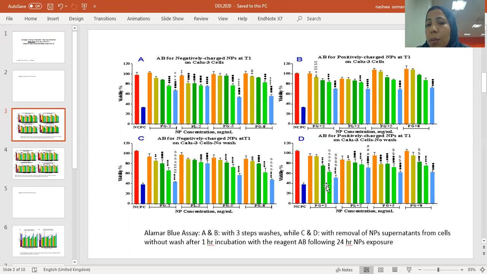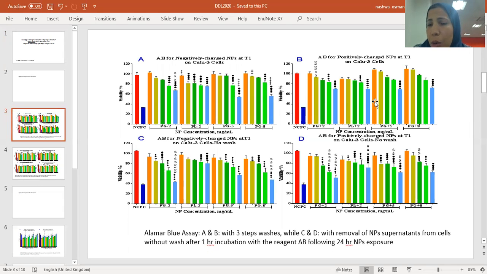Usually, these two graphs are applied by different researchers who either add the reagent to the reaction medium without removing even the nanoparticle, or just remove the nanoparticle and apply only a single wash step or no wash step at all before applying the reagent. So you can get higher error bars, plus you can get a false higher cytotoxicity compared to removing the nanoparticle.